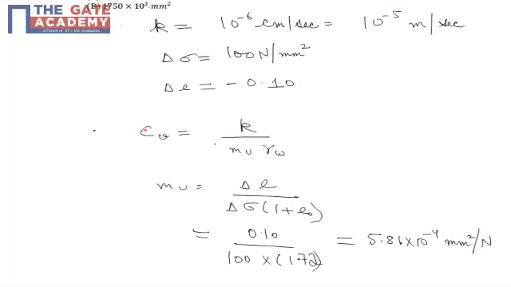Now we know that coefficient of consolidation or CV is defined as K upon MV into gamma W, where K is the coefficient of permeability and MV is defined as the coefficient of volume change, which is change of void ratio with respect to change of stress, into initial volume in terms of void ratio.